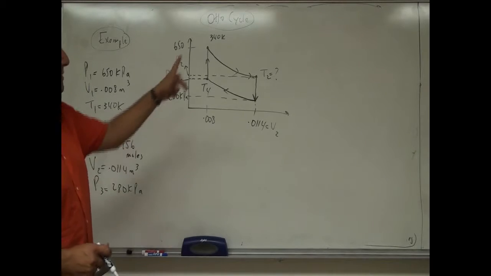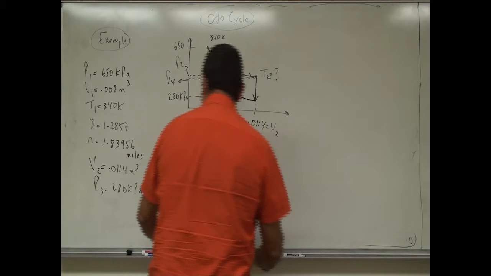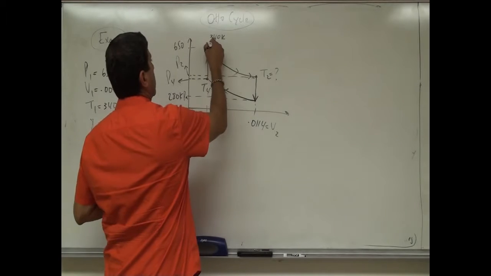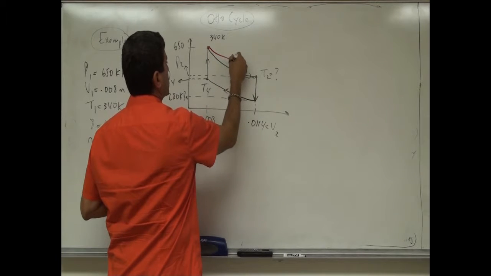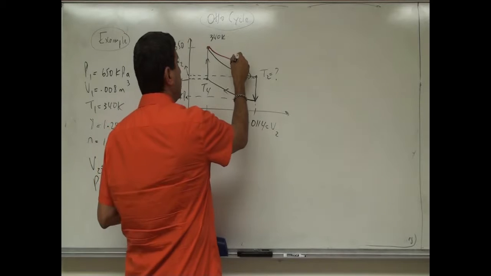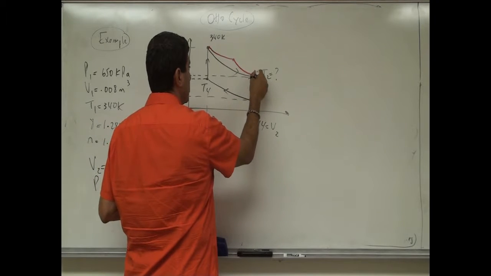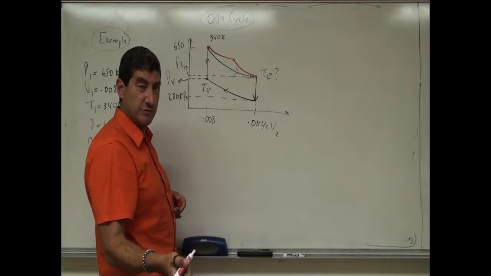In yesterday's problem, I had a similar situation, right? Where we started out here, and then we went isothermally to some other volume, we called that V2, and then we went adiabatically all the way to the same volume that I'm calling V2 now, right?